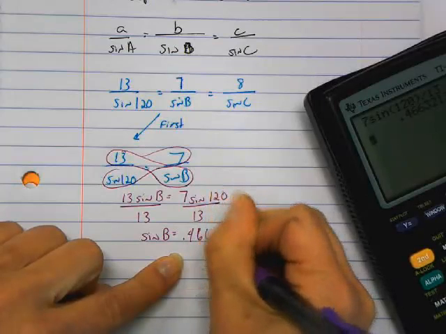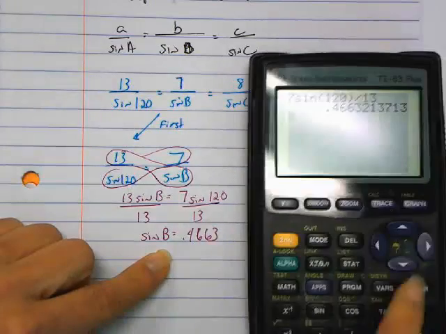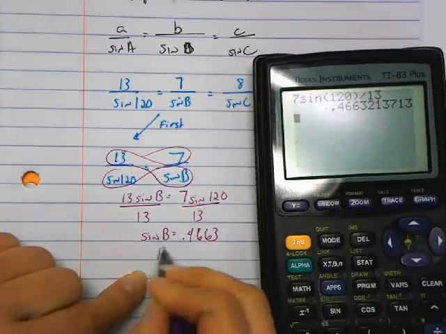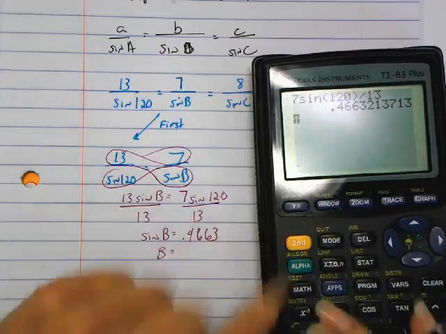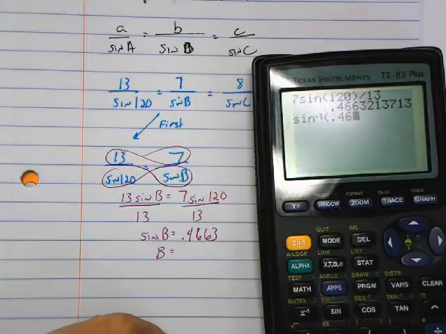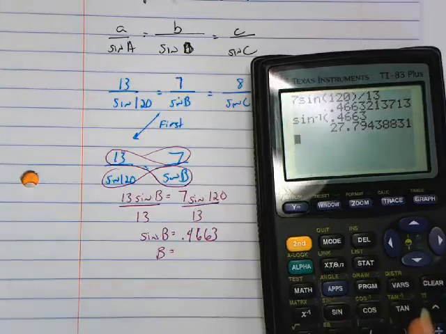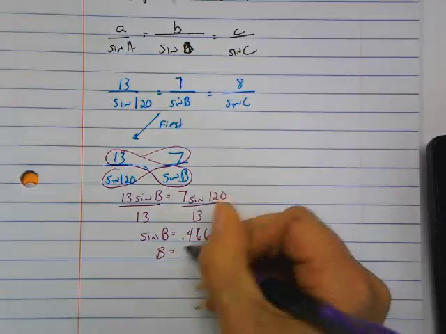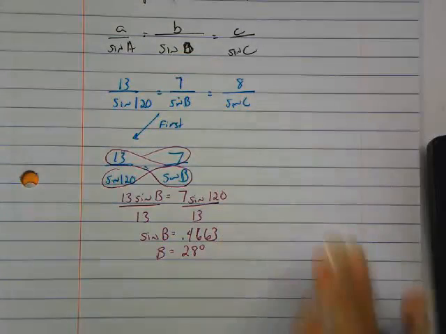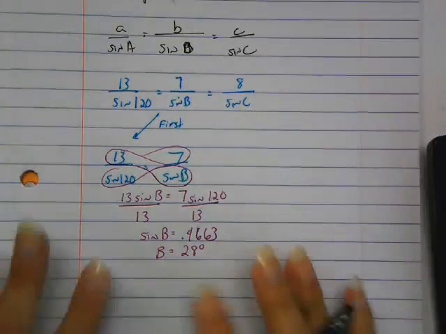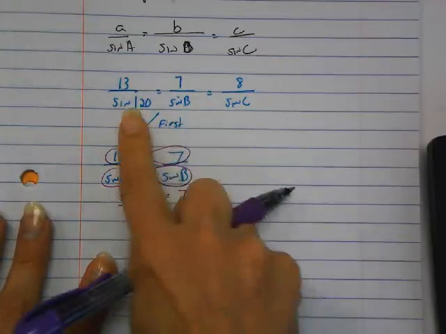Step 3, I'm just going to do 180 minus 120 plus 28. Realize, however, if you got this wrong, then this is going to be wrong. But these things are so much work, I'm okay taking that risk. And when all is said and done, you get that angle C is 32 degrees.